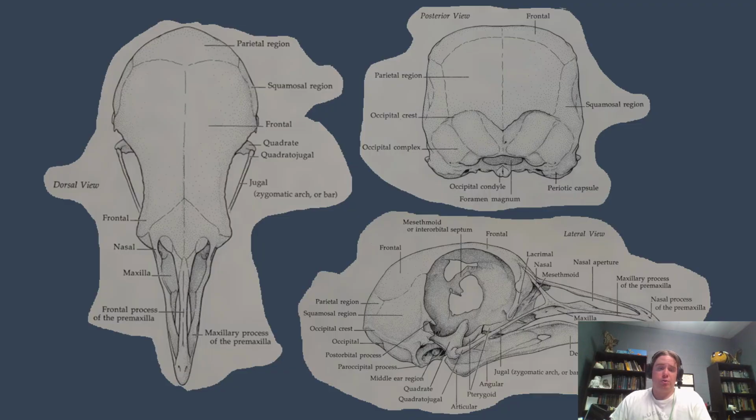Some of the bones that are quite stout in other organisms, and you must understand that in general, the bones that exist in any given skull, like a human skull versus a bird skull, are the same bones sharing similar ancient origins.